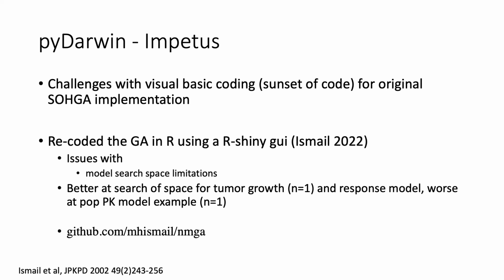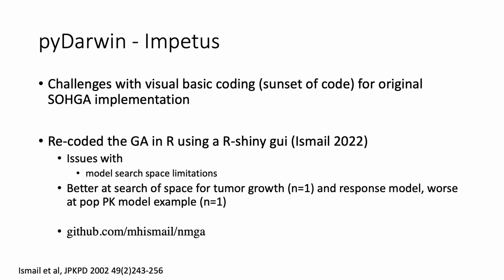In the paper, we also had an example of tumor growth, and that's the search space that I showed earlier, and with a PopPK model from a simulated data set. It found a model that was quite a bit better numerically, at least for tumor growth, with a lower fitness function, several hundred points lower.